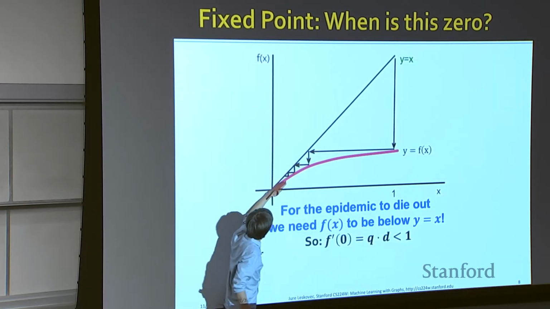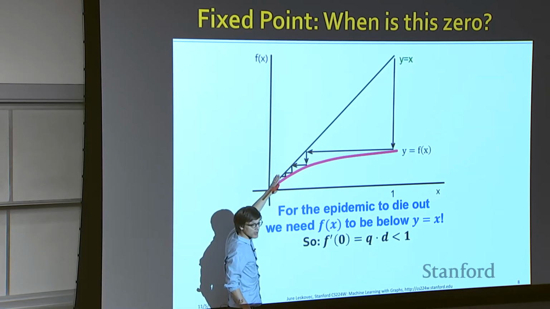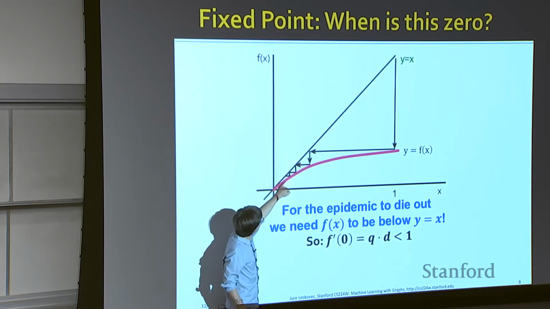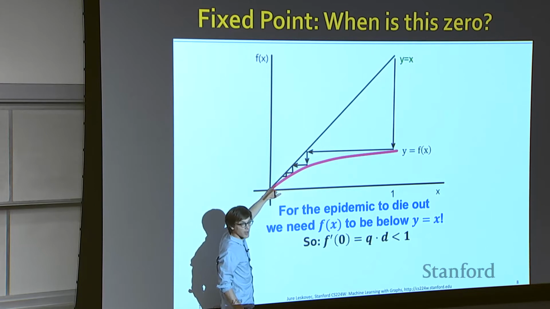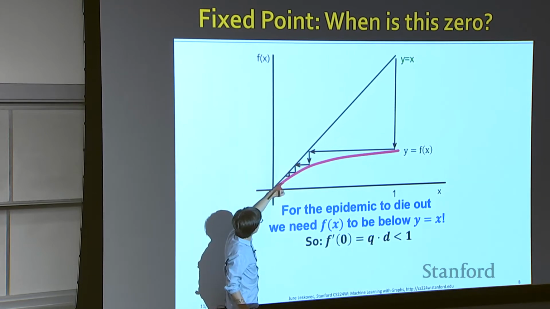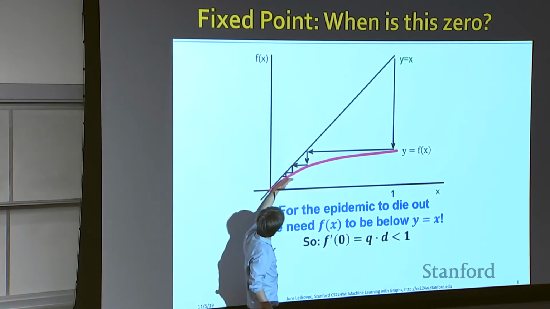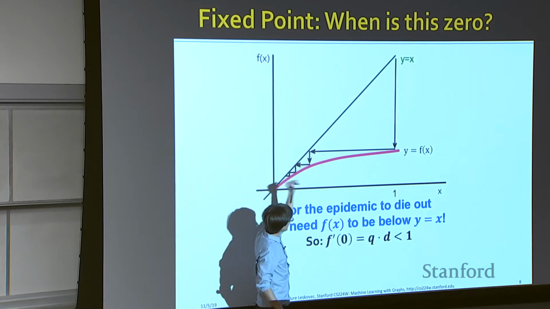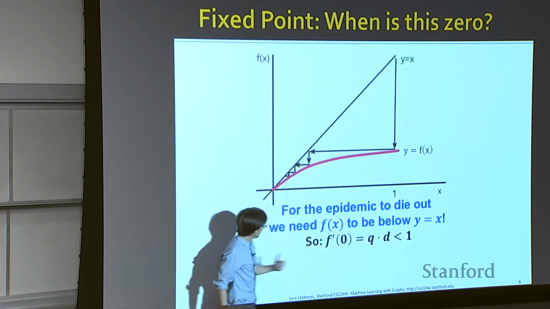Because if my derivative is more than 1, I'm basically getting above it. So the only way to stay below the line is that here I have a derivative that is less than 1. And then, as we said, because this function is non-increasing, the derivative will only get smaller. I'm not turning up, I'm only turning horizontally, right?